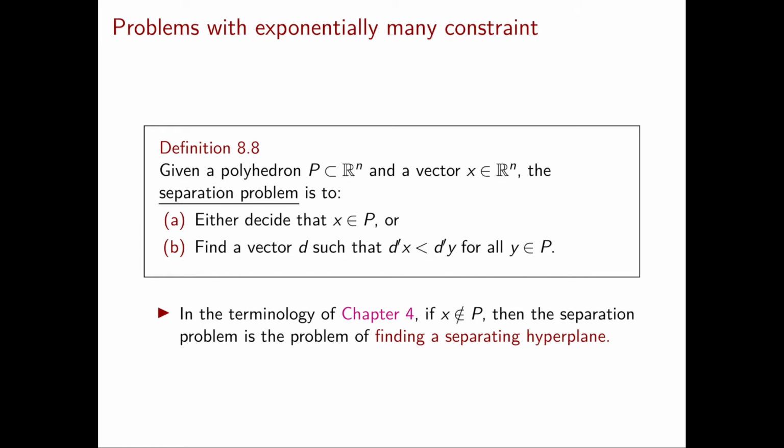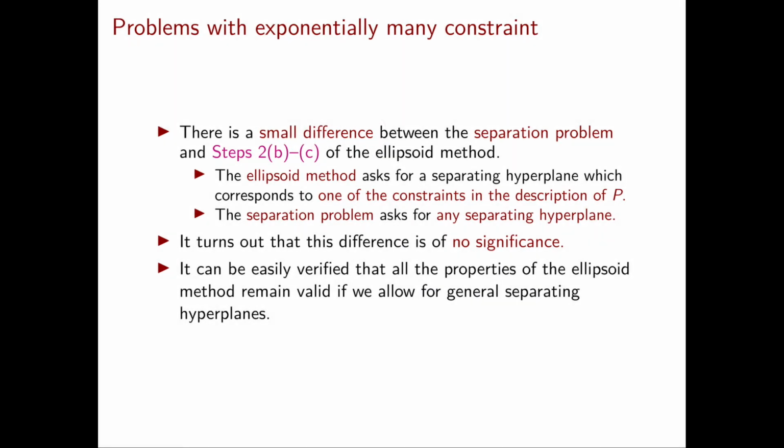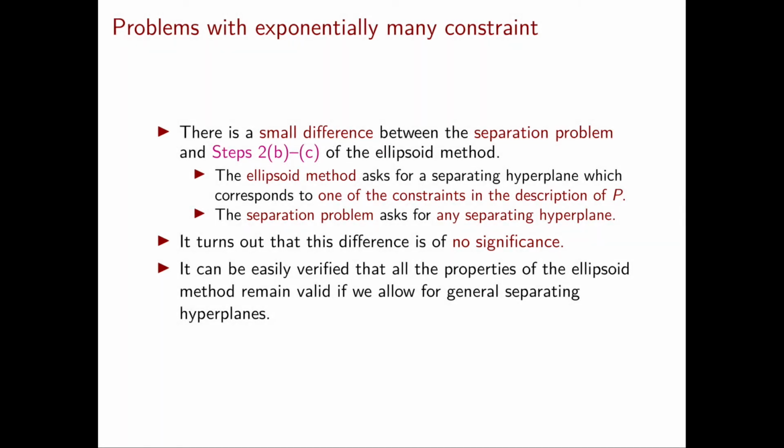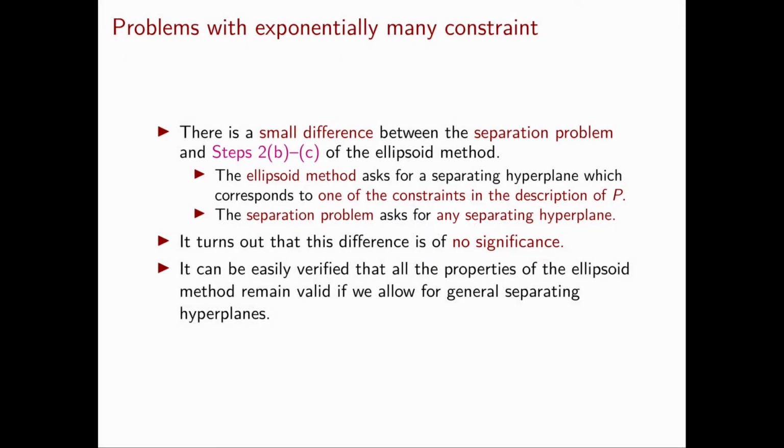I'm sure you've noticed that there is a small difference between the separation problem that we just defined and steps 2b and 2c of the ellipsoid method that we saw a couple of slides ago. In fact, in the case when the vector is not in the polyhedron, the ellipsoid method asks for a separating hyperplane among the constraints in the description of P. On the other hand, the separation problem asks for any separating hyperplane.